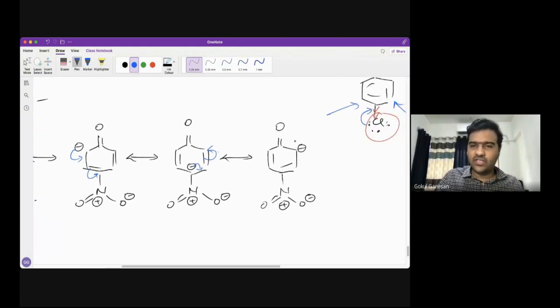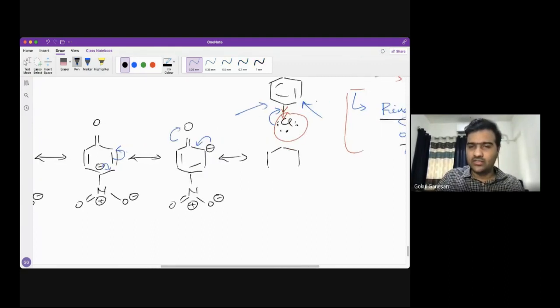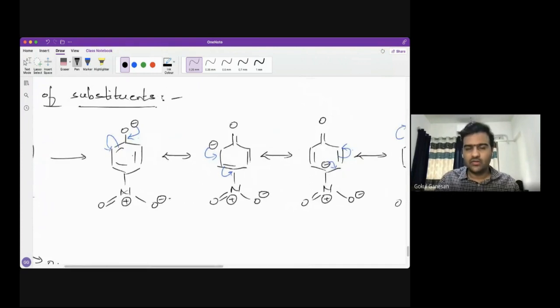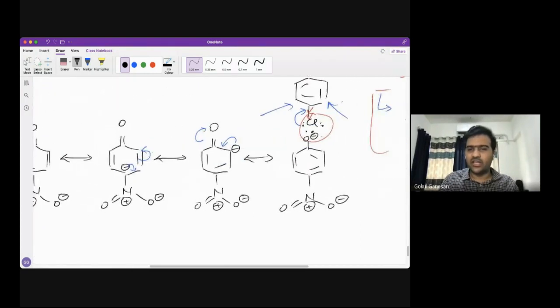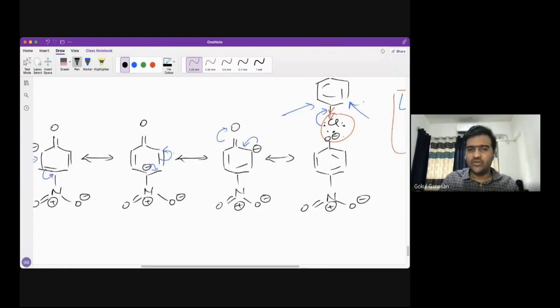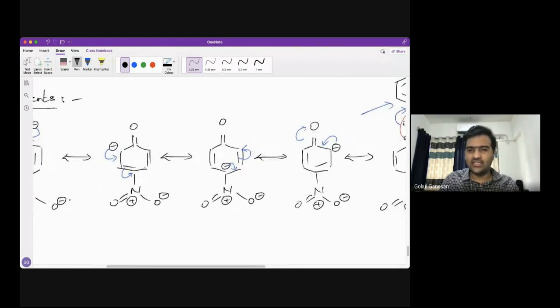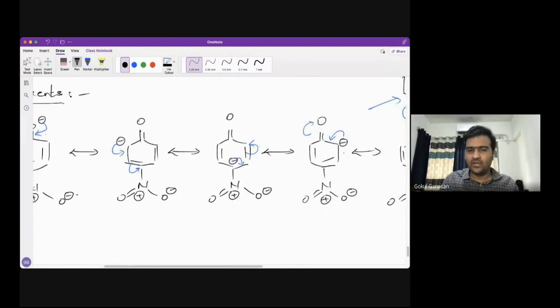And finally, the negative charge would move back to the oxygen with an alternate arrangement of the carbon-carbon bonds. Okay, here the arrangement of the double bonds is slightly different from the arrangement of double bonds here. That is how you get the 5 characteristic resonating structures, isn't it? And this was possible for just phenol as well.